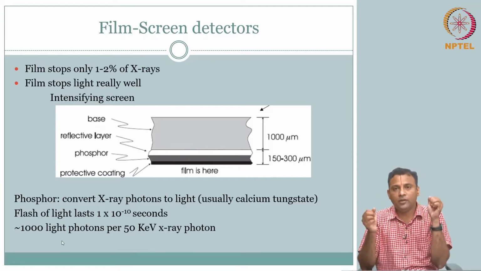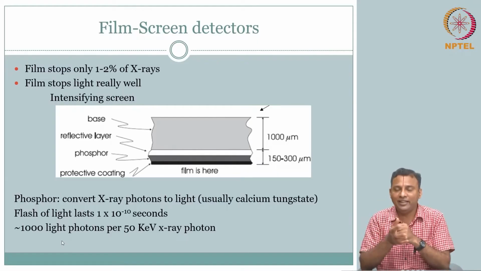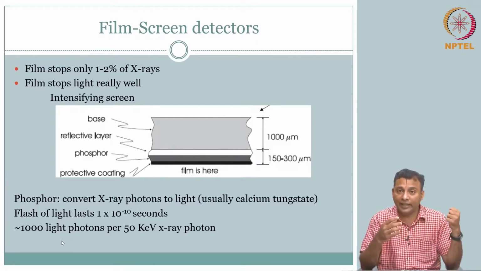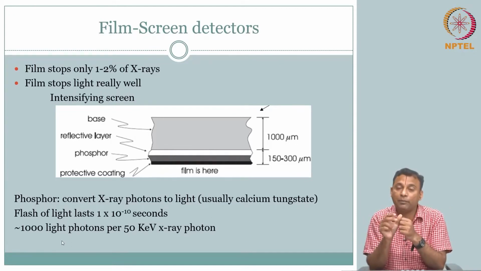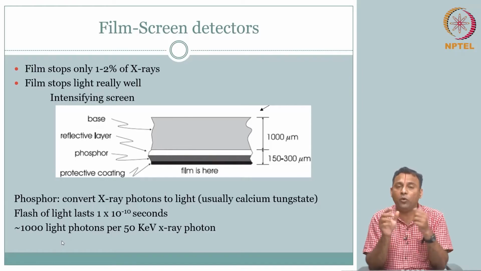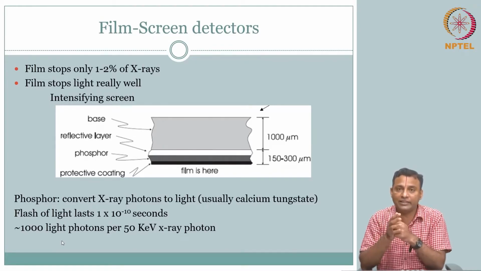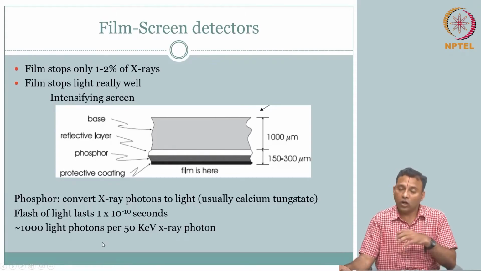In fact, you want one X-ray photon to give many light photons. So, what are the conditions? It will depend on the energy of the X-ray photon, it will depend on the material property, how it can absorb, that is one thing. Then its conversion efficiency, how efficient is it to convert this energy into photon energy, right. So, all these are factors.